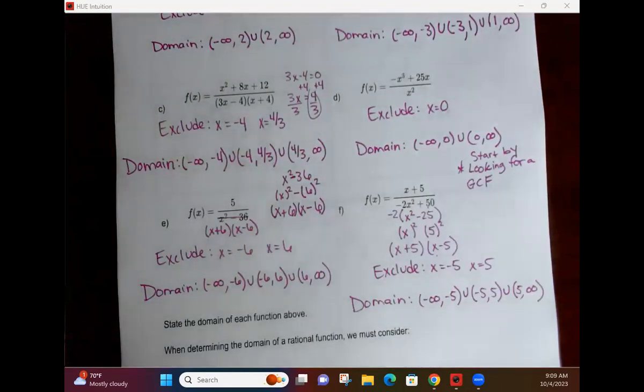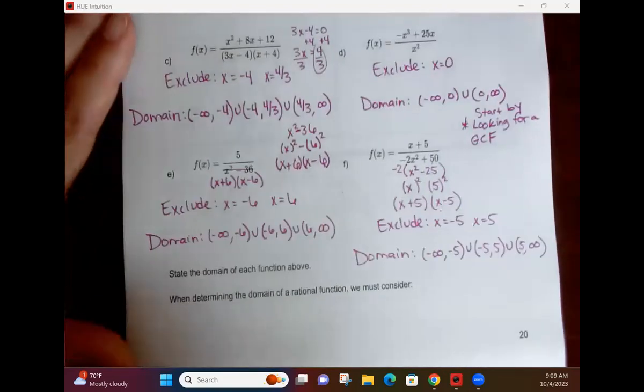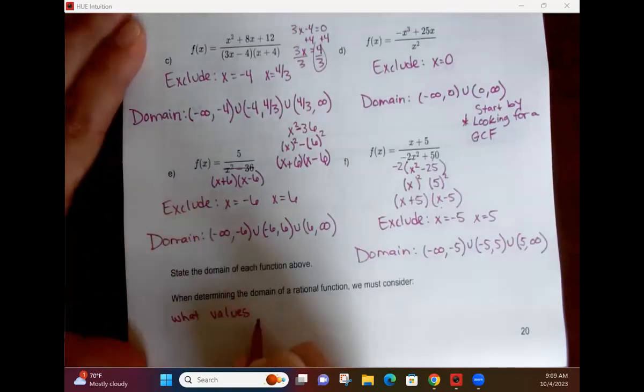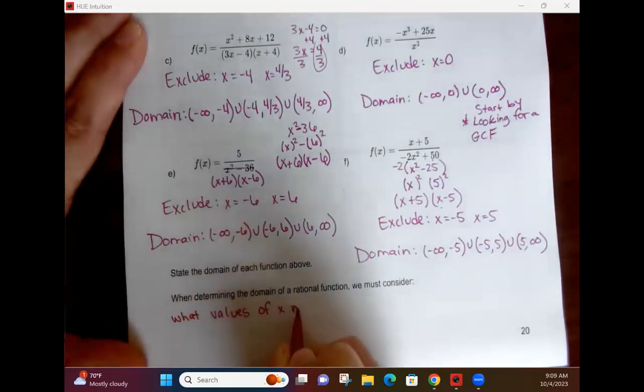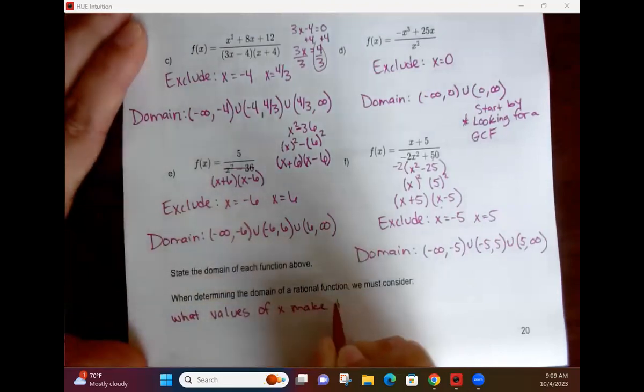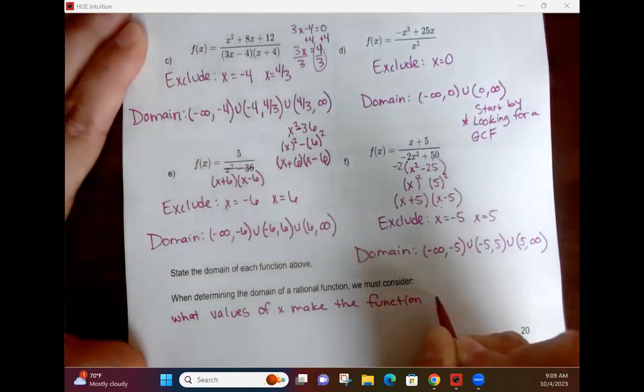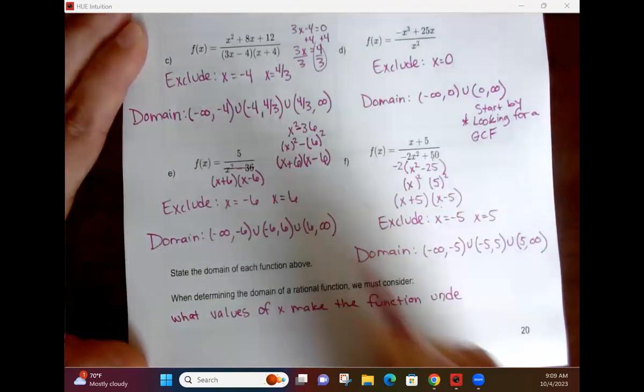But what we can say in general is that when I'm deciding the domain of a rational function, we must consider what values of x make the function undefined. That's what we were doing here.